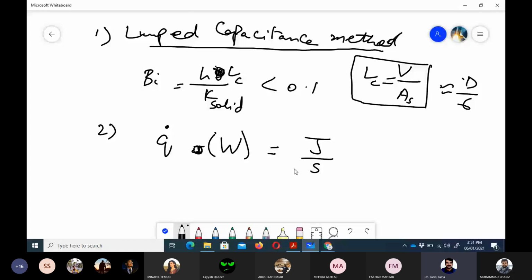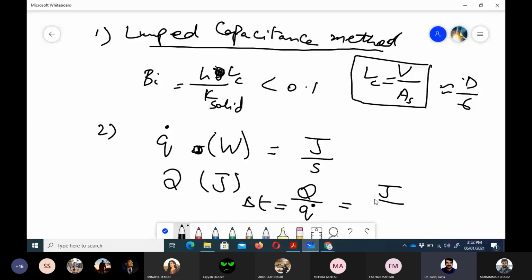So if we calculate the total amount of heat transferred in this process, that would be in joule. To get the total time of that heat transfer, it should be equal to Q upon Q dot, because the unit would be joule divided by joule per second, which comes out in seconds.